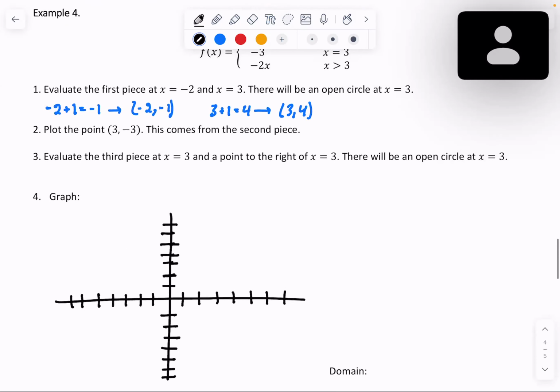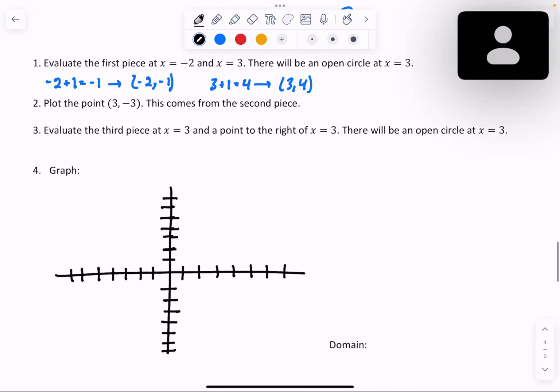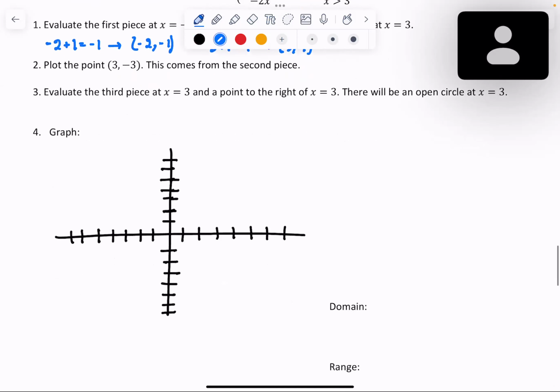So first we want to plot these 2 points, -2, -1. So that's right here, -2, -1. So it's this point right here. And the other point was 3, 4. 1, 2, 3, 1, 2, 3, 4.